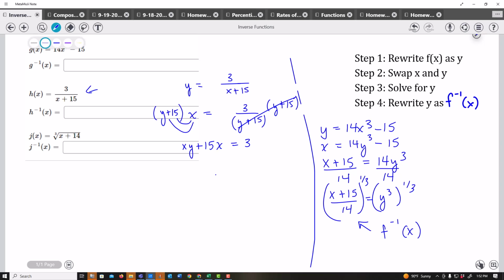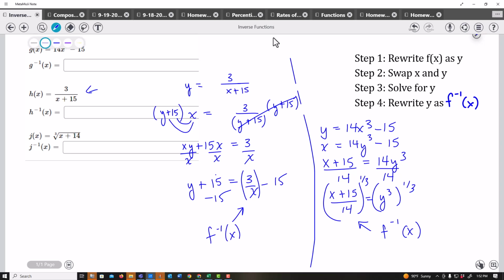So in this case, I could actually divide every term by x. And I get y plus 15 equals 3 over x, and then finally I could subtract 15 on both sides. So that would be my final answer, my inverse.